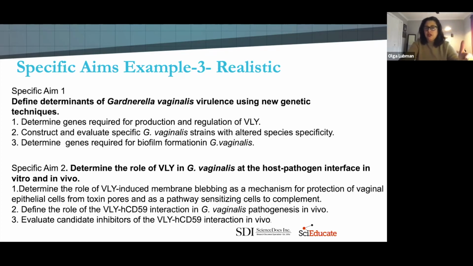We will construct and evaluate specific strains with altered specificity, and we will determine the genes required for biofilm formation. So these are all very realistic aims that sound like people know what they're going to do and they've thought about how long it would take.